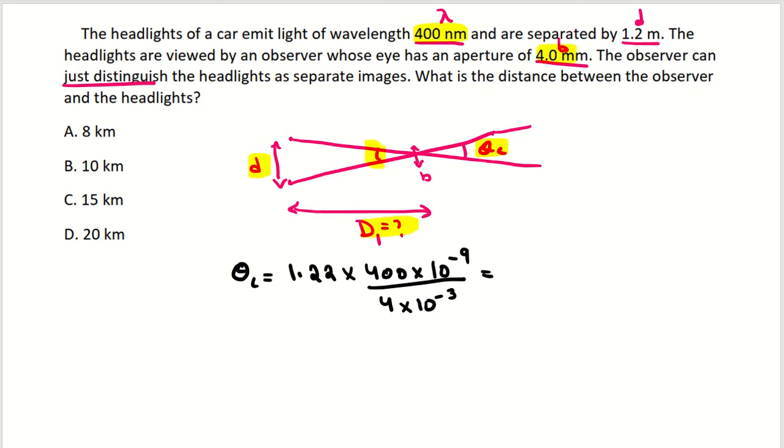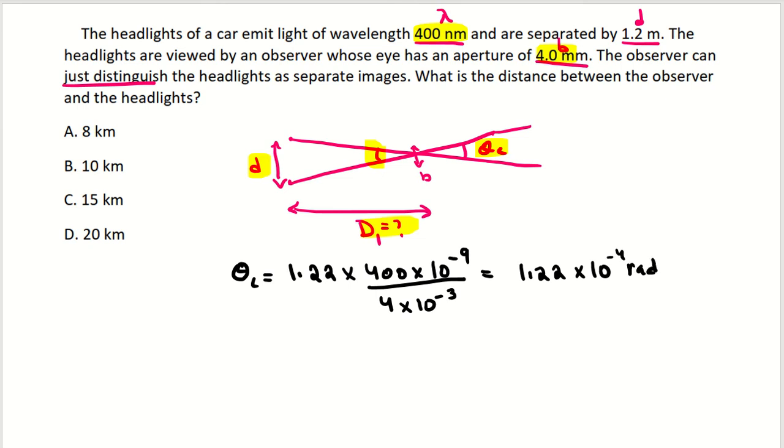The 4 will be cancelled out with the 4, and the 10 to the power of minus 3 will end up with these two zeros as 10 to the power of 5, which means the angle is 1.22 times 10 to the power of negative 4 radians.